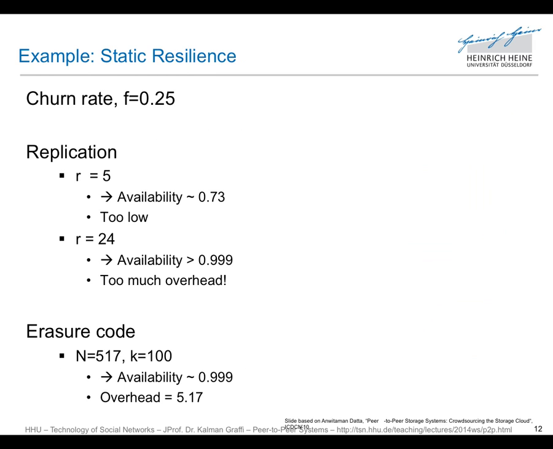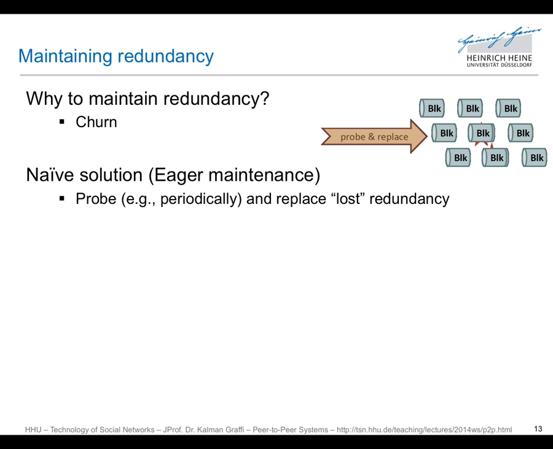Then we looked at how we can make sure that the replicas are available. If we have these 517 data blocks replicated, how can we make sure that there are still sufficient blocks available? In this example it was 100 we need, and we have 517 as a starting point.